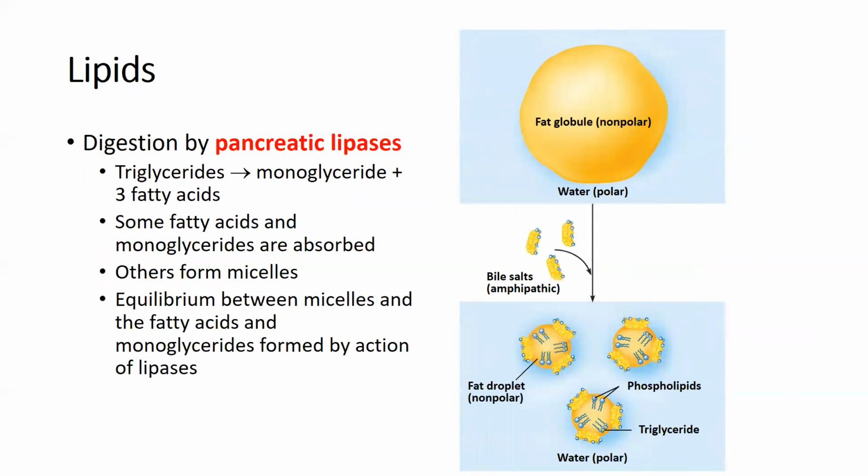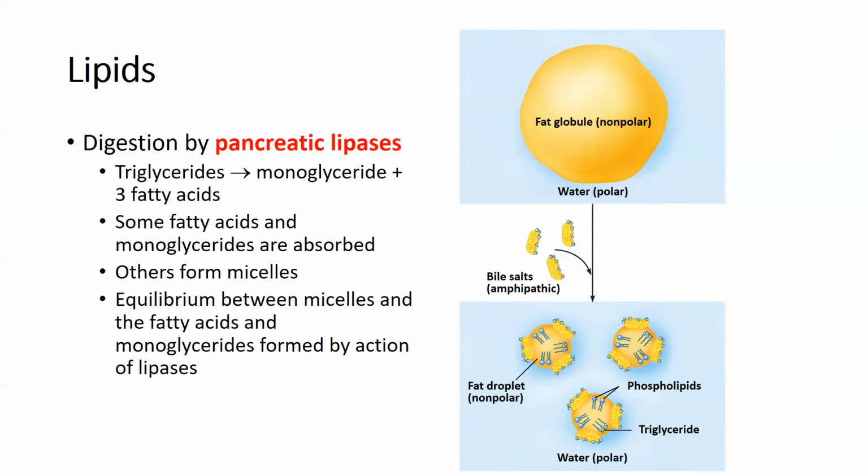Continue on here. So if we digest fats, some of those fatty acids and monoglycerides can be absorbed directly, right? If you break them down to small enough components. I think about this large fat globule at the top of the cell. We can break some of this down into smaller components that can be easier to absorb by those lipases.